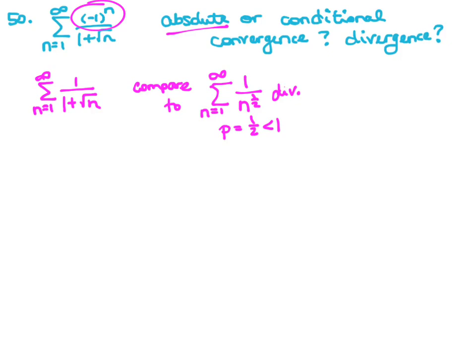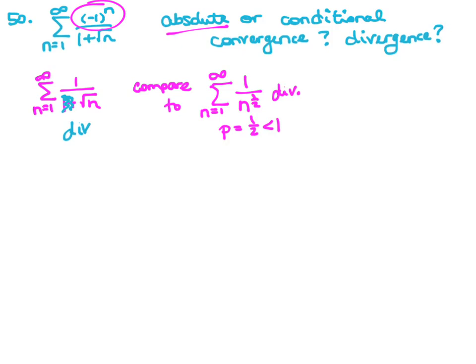We're doing multiple choice here, so we can just do the shortcut: when it's just polynomials, we can ignore this extra term, the +1, and treat it just like 1 over square root of n, which is n to the 1/2, which means this is going to diverge.